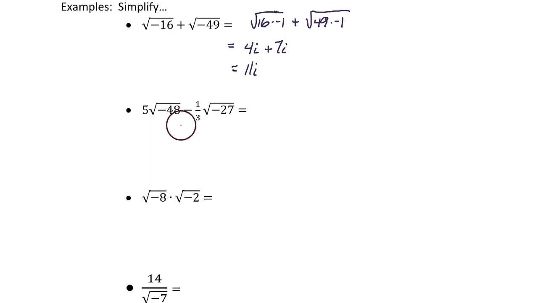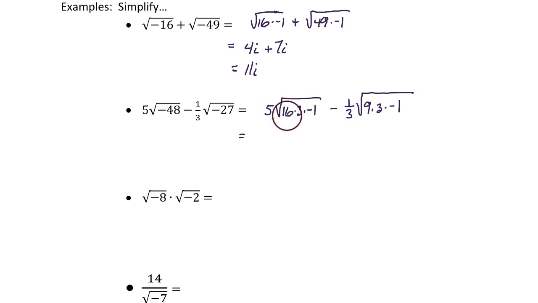Next example. Let's simplify this one. So in the first radical, we can rewrite the negative 48 as 16 times 3 times negative 1. In the next radical, we can rewrite the negative 27 as 9 times 3 times negative 1.